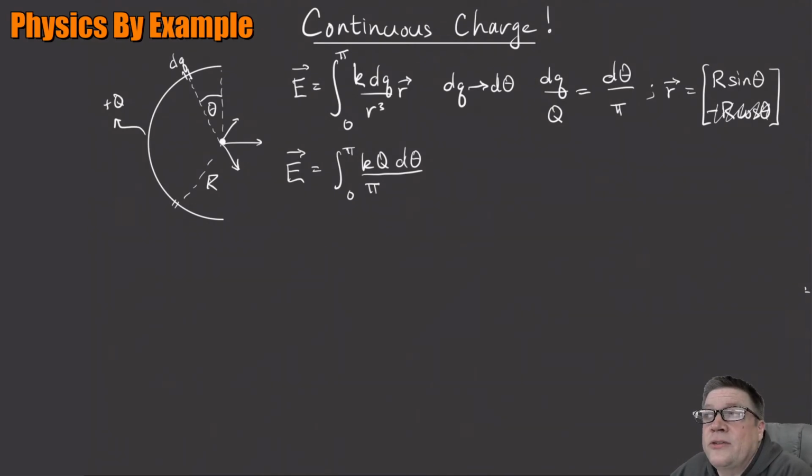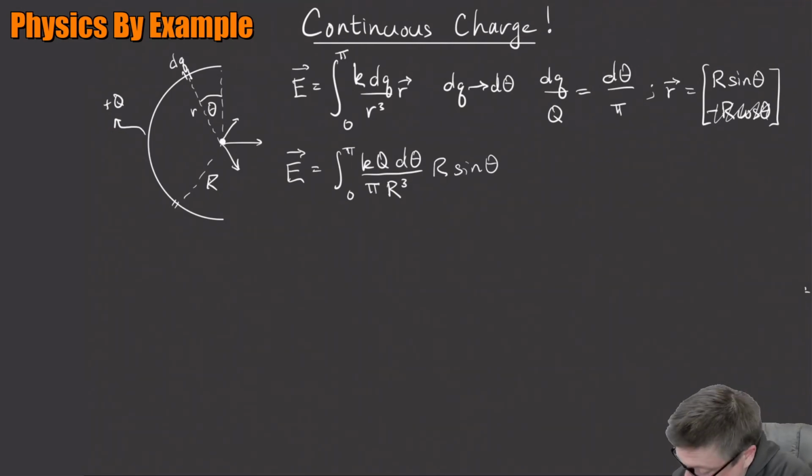As I go around the circle, this distance, usually called little r, is just big R, and it's not changing. It's a constant, so this is going to be pretty easy. That's just big R cubed. And then what's left from the r vector is that x component, r sine theta.